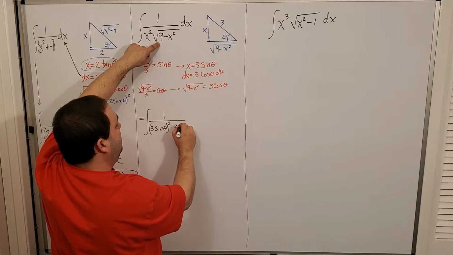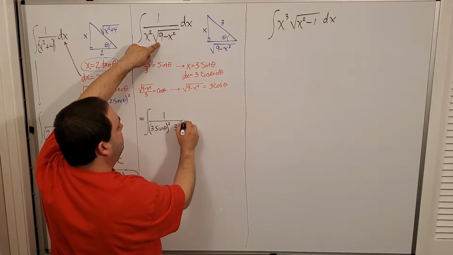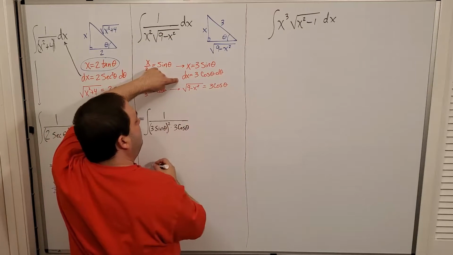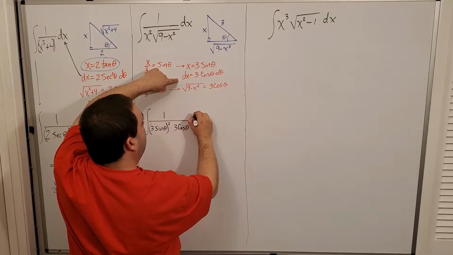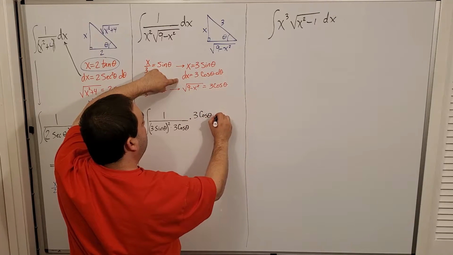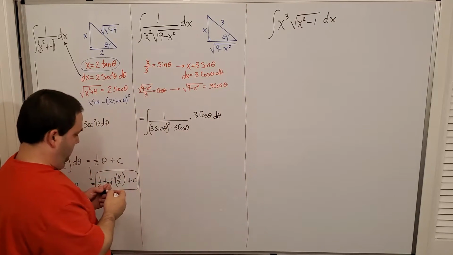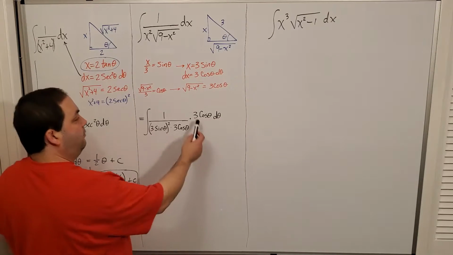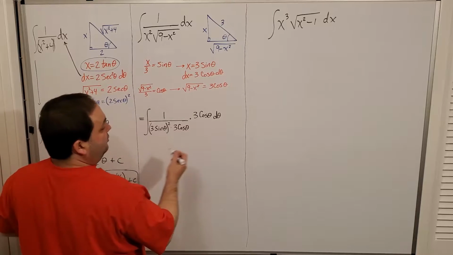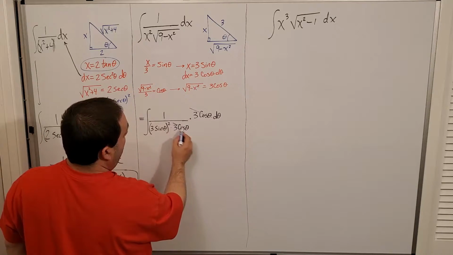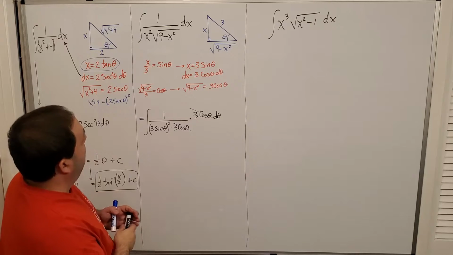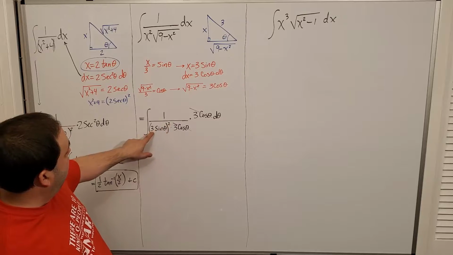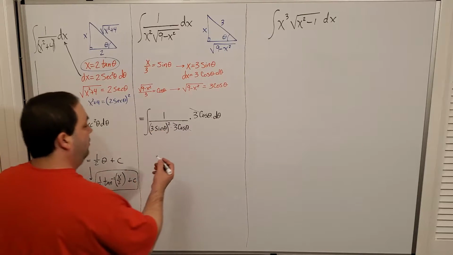So times 3 cosine theta. And then dx is 3 cosine theta d theta. So times 3 cosine theta d theta. Immediately I notice that the 3 cosine thetas here are going to reduce, right? So these are gone. And that leaves me with a 9 because of the 3 squared in the denominator. So I'm going to pull that out.